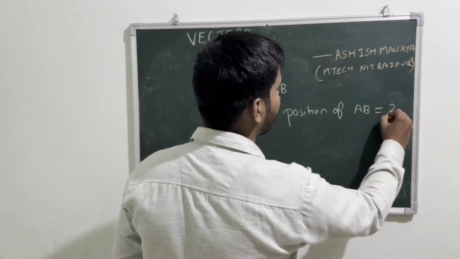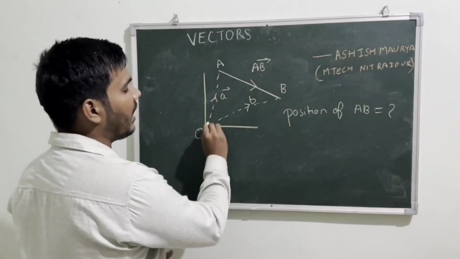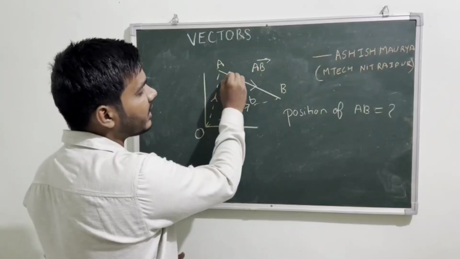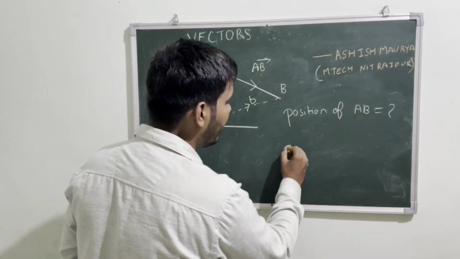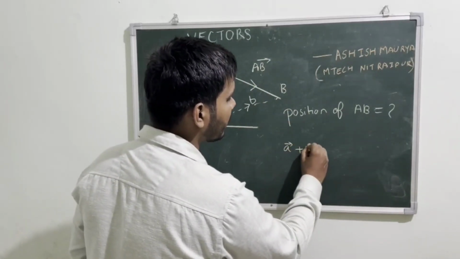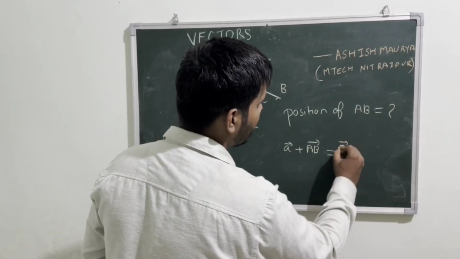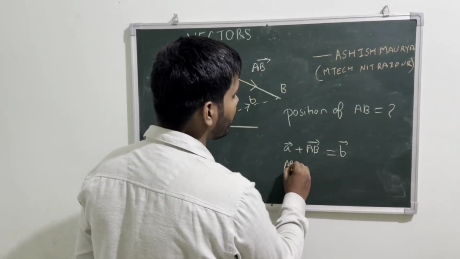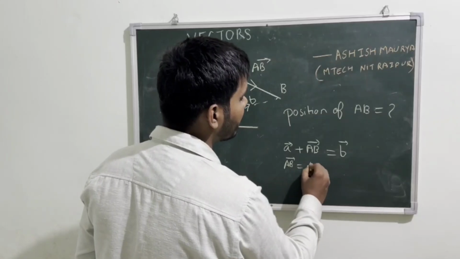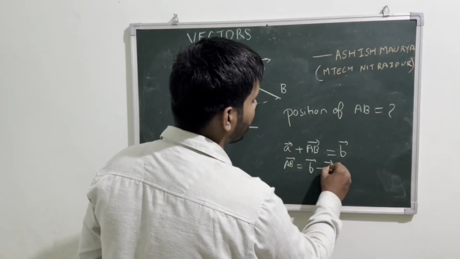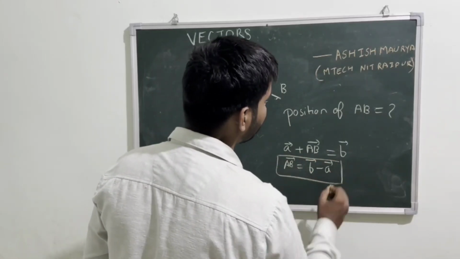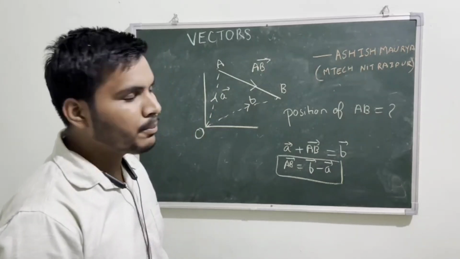Since we know that the head of vector A coincides with the tail of vector AB, vector A plus vector AB is equal to the resultant vector B. So AB vector is equal to B vector minus A vector. In this way we can find the position vector of AB. This is the simplest thing.